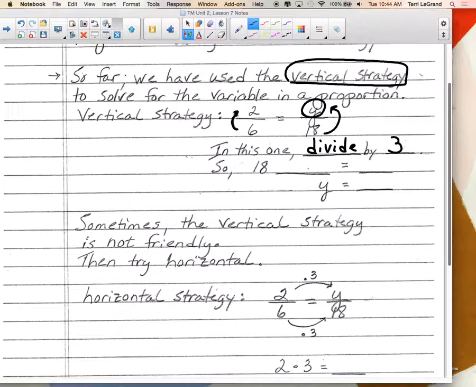To move from the bottom row to the top row, to move from the denominator to the numerator, we need to do a division problem. So to get y, we're going to do 18 divided by 3, and that should give us our y value. So what's 18 divided by 3? 6. So our y value in that proportion is 6.